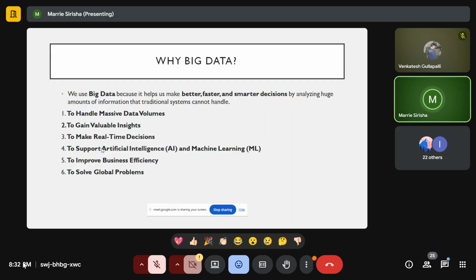It is how big data helps in improving the business and to solve global problems. Of course, obviously, we have so many problems in the globe. So we need big data.